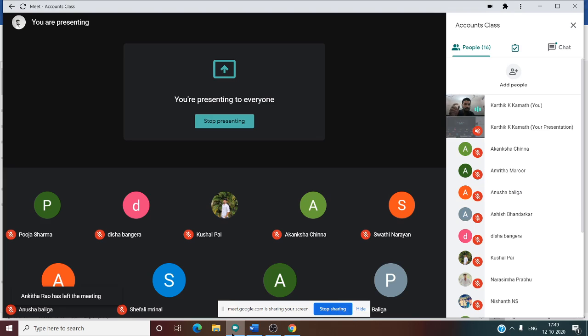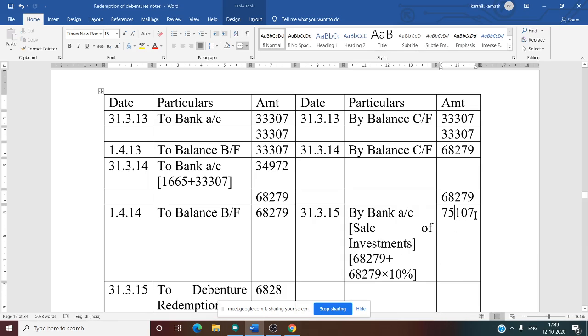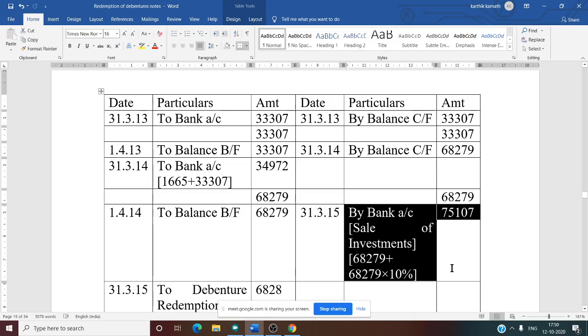Again because 10% more. That means obviously your sale value is more than 68,279, so you need to add 10% to that. So see this calculation, 68,279 plus 68,279 into 10%, you will get the amount 75,107. So this is the amount at which we sold the investment.